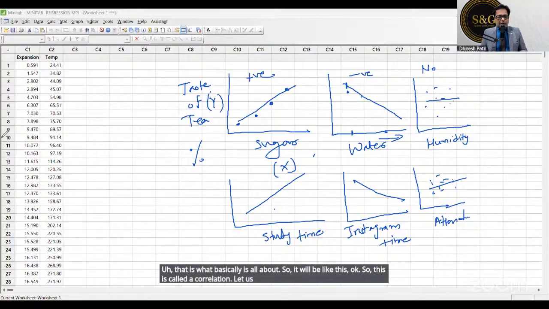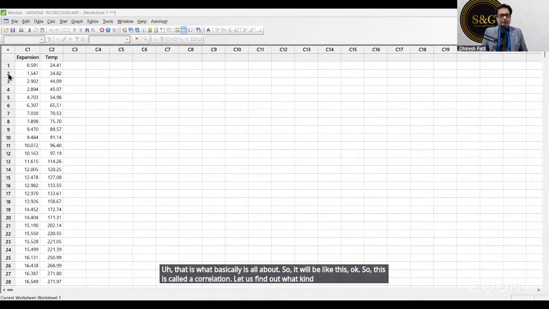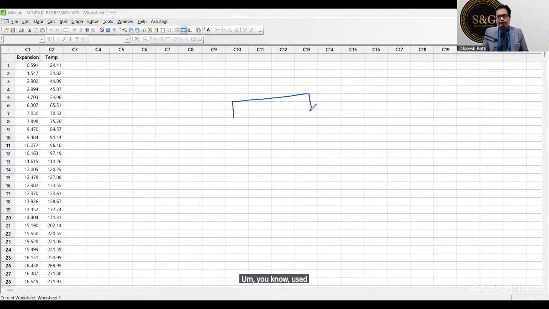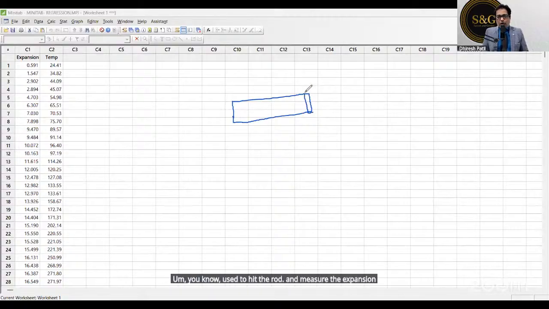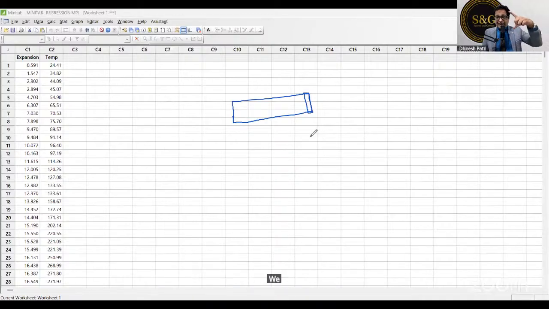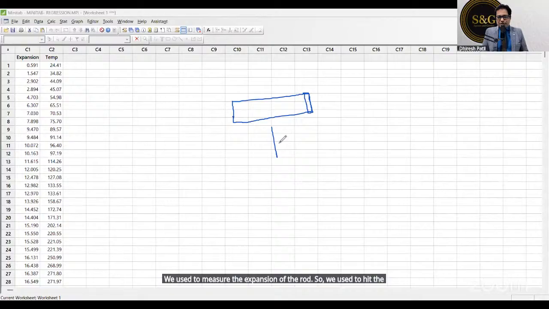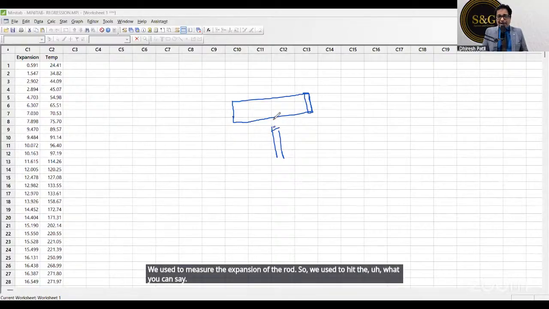Let's find out what kind of correlation we have. We remember in physics in our schools and colleges we used to heat the rod and measure the expansion of the rod, right? We used to heat the metal plate.